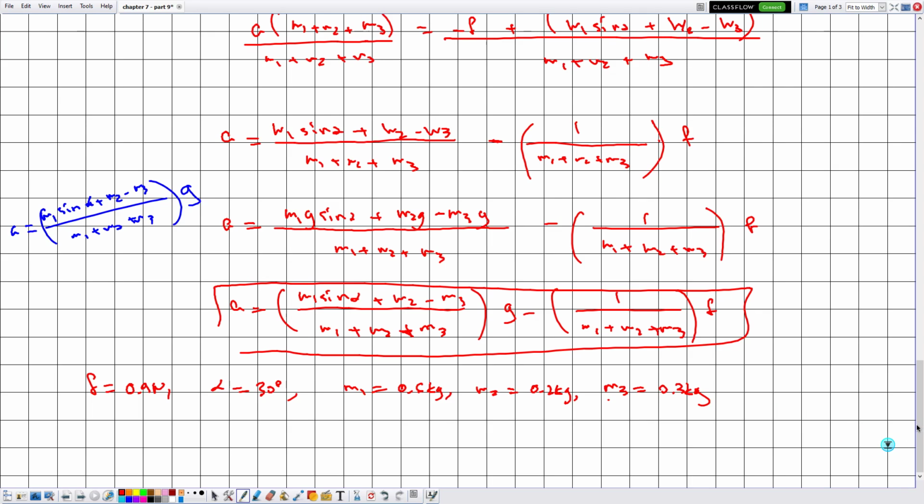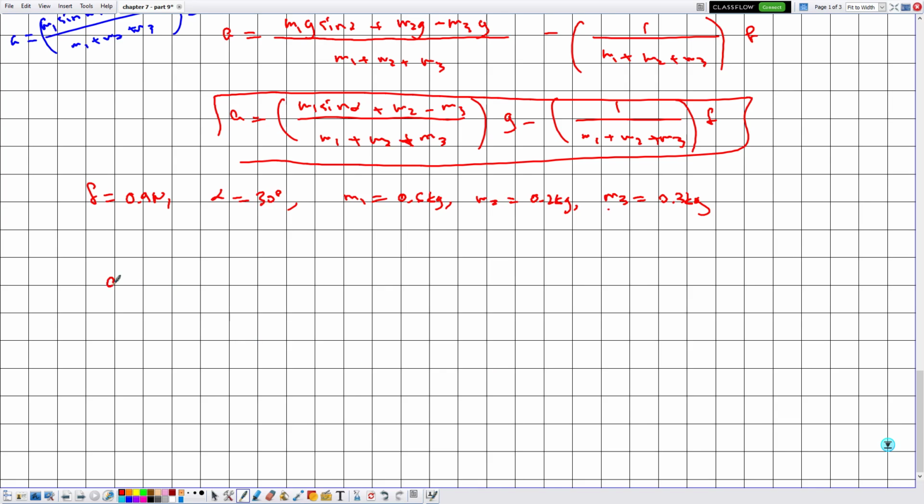Now let's plug in the values. A is equal to 0.6, and here we must be very careful. We don't want to make any mistake. Plus M2, which is 0.2, minus 0.3 divided by the total mass, which is given by 0.6 plus 0.2 plus 0.3, times G, which is 10, minus 1 over 0.6 plus 0.2 plus 0.3 multiplied by the force F, which is given by 0.9.